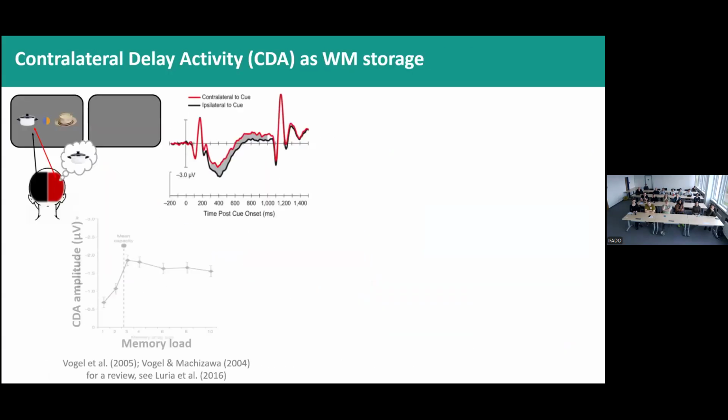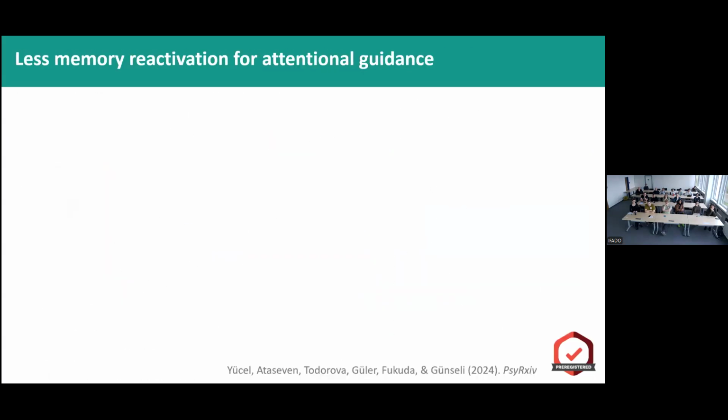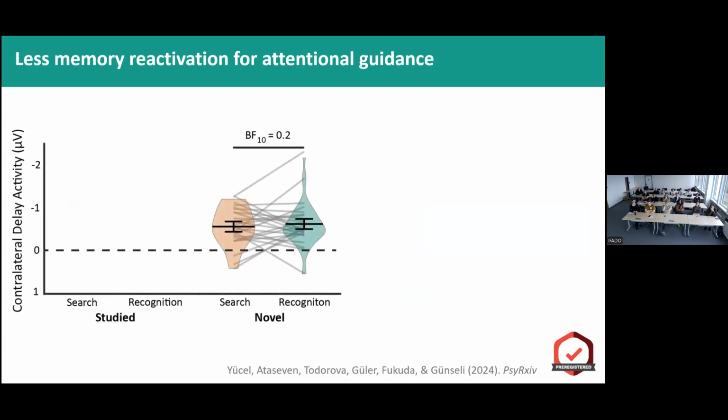But for unstudied items, we don't see a difference in the CDA. The CDA is equal for both. So it has to be something about being previously studied. Still, we can't eliminate your explanation, but I don't think it's super likely. Good question.